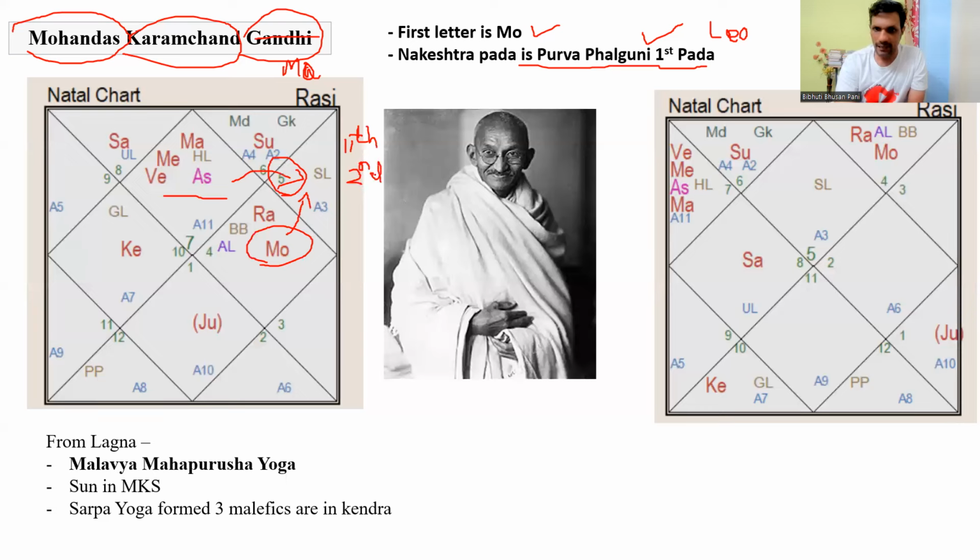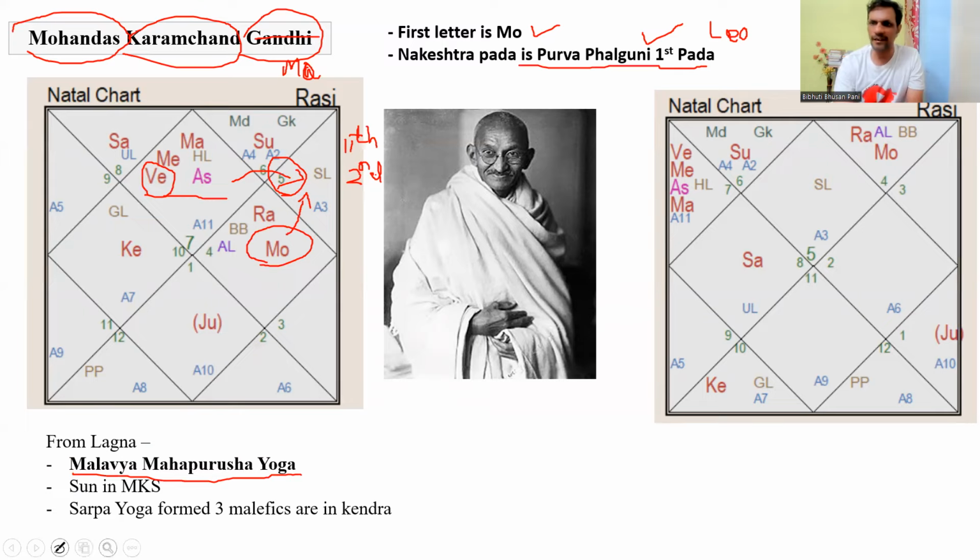In Mahatma Gandhi's chart, you will see that Venus is in the Lagna, and it creates Malavya Mahapurusha Yoga, which shows all kinds of pleasures and liking to wear beautiful dresses.